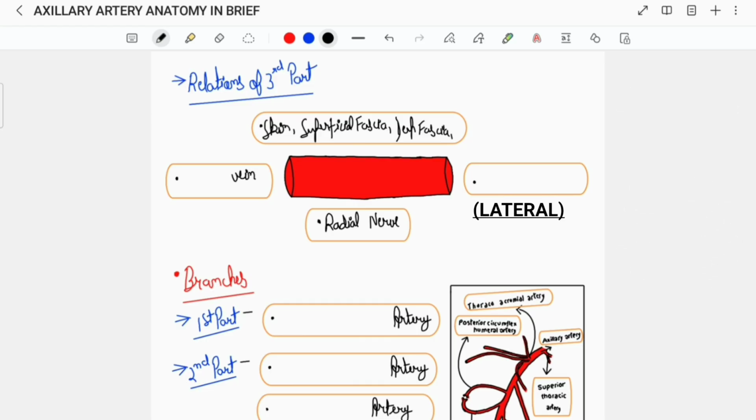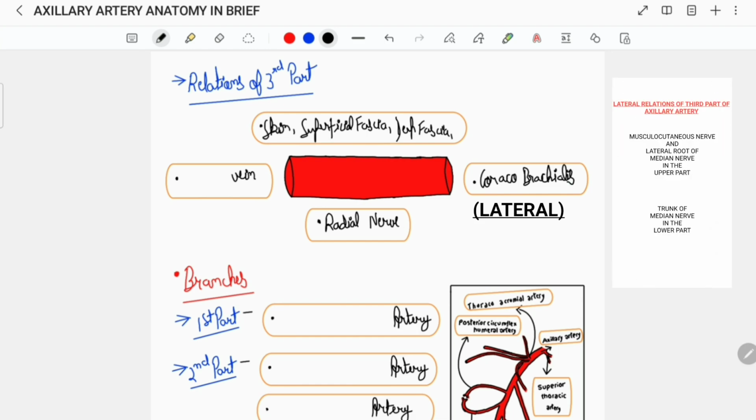Laterally, the third part of axillary artery is related to coracobrachialis. Also, the third part of axillary artery is laterally related to the musculocutaneous nerve in the upper part and also the lateral root of median nerve in the upper part.